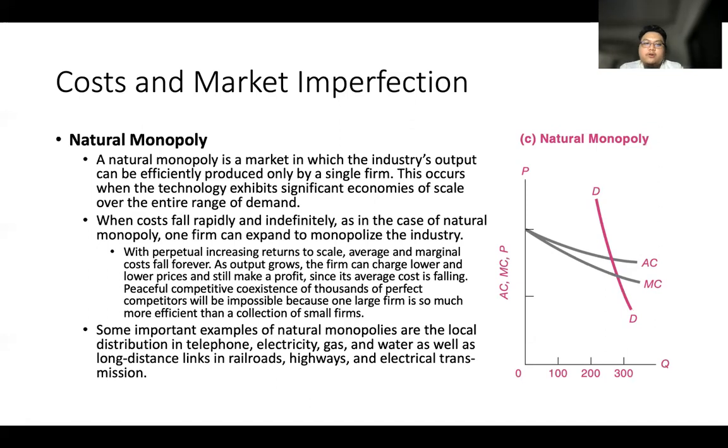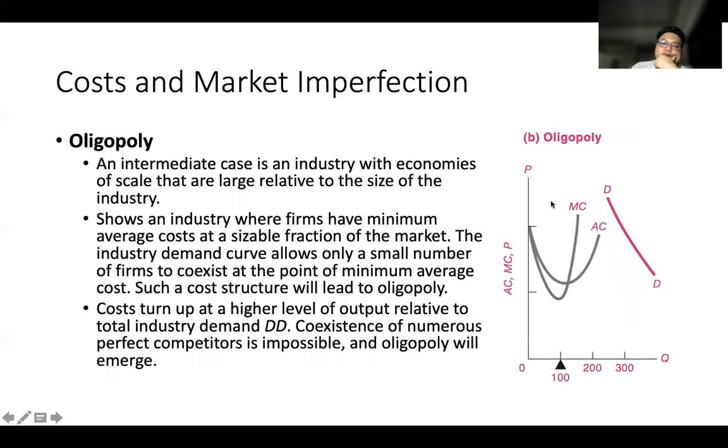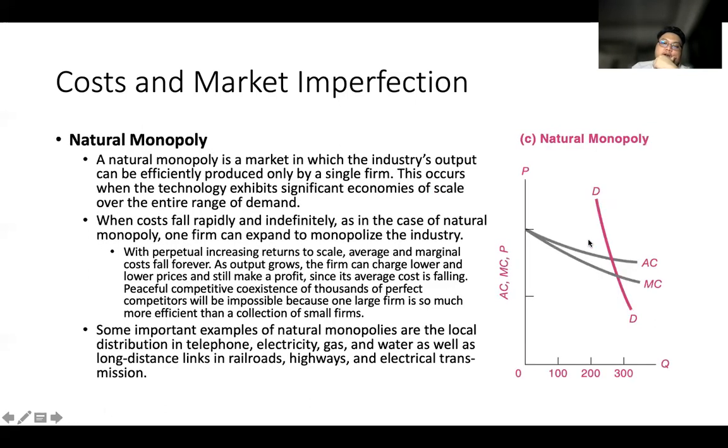When costs fall rapidly, that's why it's downward sloping, as opposed to this, where they are U-shaped. Now average cost and marginal cost are downward sloping, they decrease. So one firm can therefore expand to monopolize an industry.